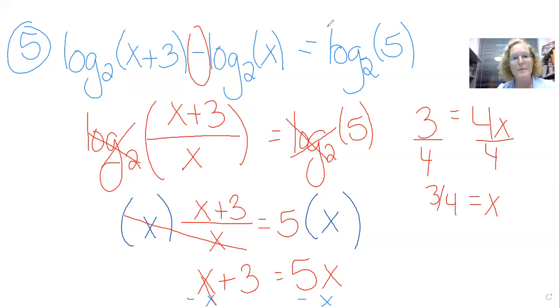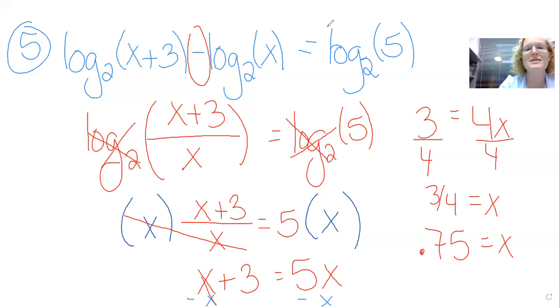I'm not going to circle that yet because remember, I have not checked my answer. But if you don't like that 3/4, you could always plug it into a calculator. You could get 0.75. But once again, I haven't circled this because I haven't checked my answer. So to check my answer, remember I need to go back in and make sure that I'm not trying to take the log of a negative number.